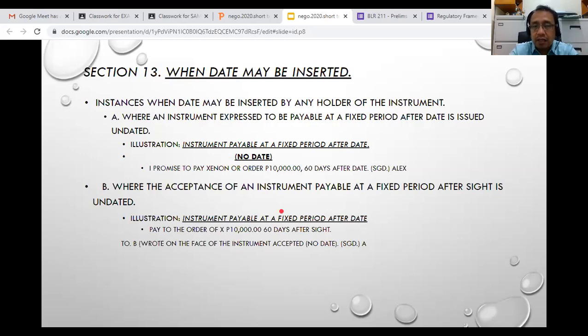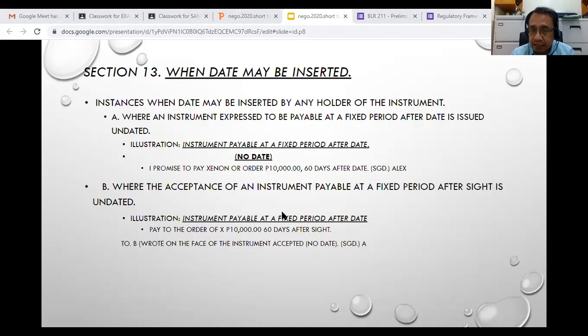Under Section 136 of the Negotiable Instruments Law, ano ang sinasabi doon? Sabi niya doon, the drawee is allowed 24 hours after presentment within which to decide whether to accept or to reject the instrument.